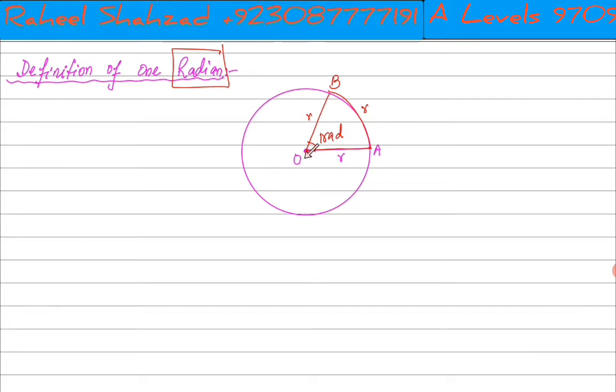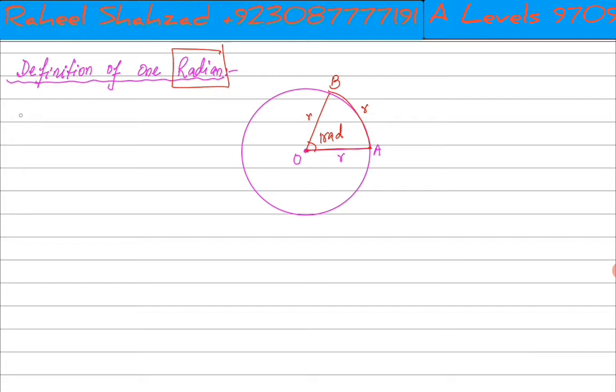I repeat, this is OA, the radius of the circle. You start from A and move on the circumference till a point where your distance is equal to the radius. At that instant, the angle subtended at the center is equal to 1 radian.